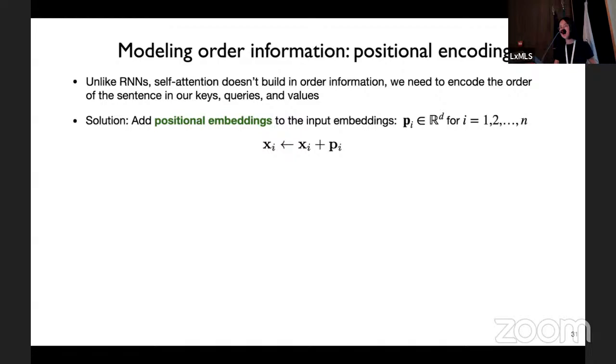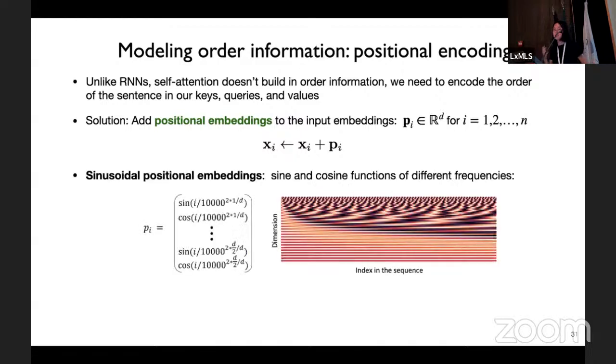But how are these positional embeddings implemented? There are actually many different choices. I will talk about the original design and also about how people actually use positional embeddings today. The original design in the transformer paper uses something called sinusoidal positional embeddings.